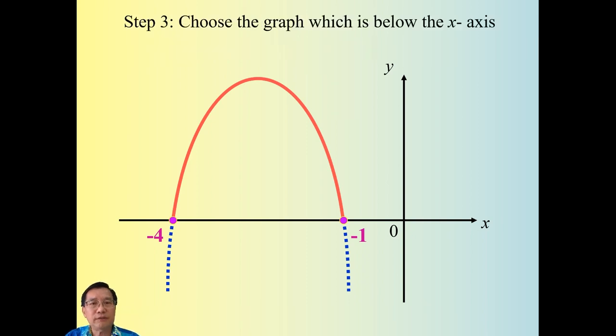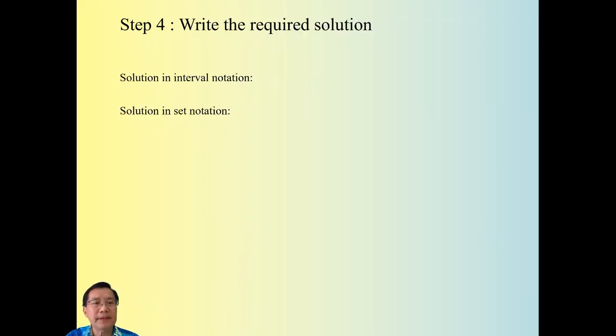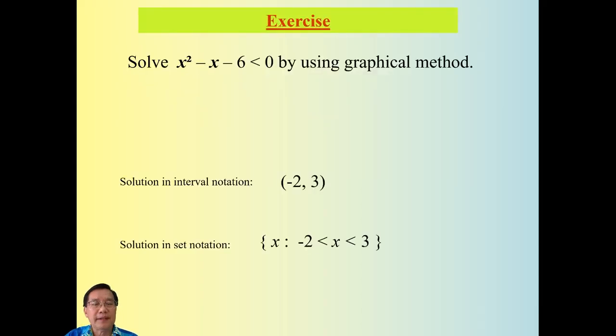Choose the graph which is below the x-axis, which is x less than negative 4 or x greater than negative 1. So the solution is in interval notation or in set notation. You can try this exercise by using the graphical method.